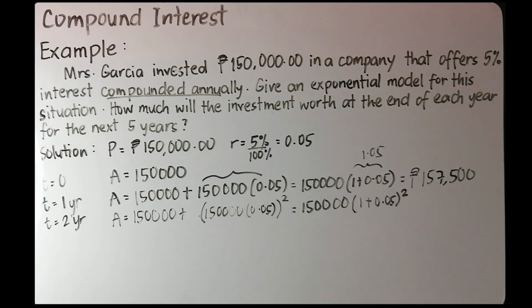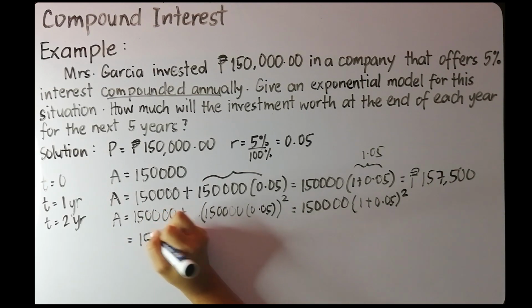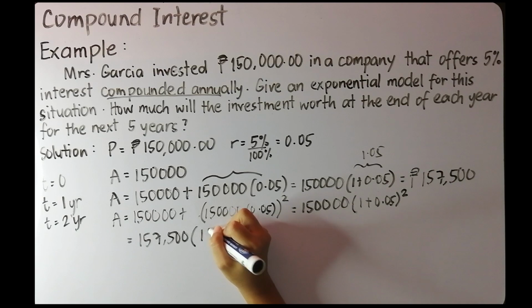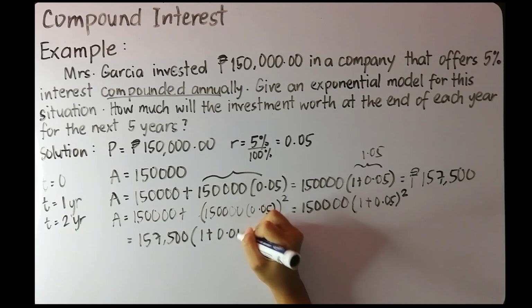So it is also equal to 157,500 times 1 plus 0.05.